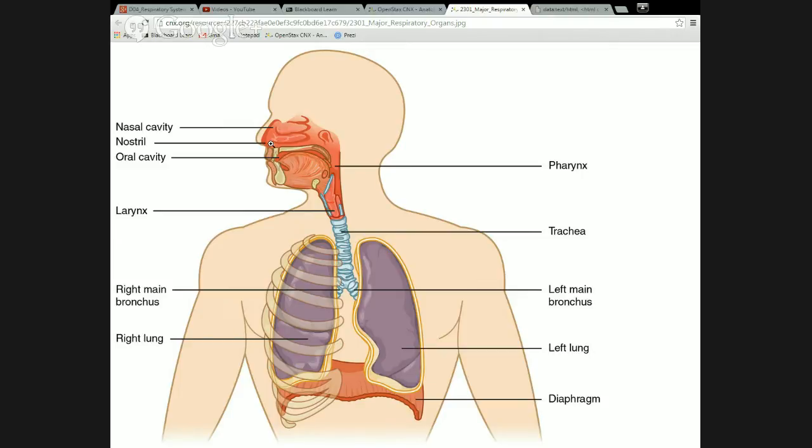Naris is singular, nares is plural. Some sources will say nares and nostrils are the same thing. It's not exactly the same thing. The nares are really the openings like we see in the skull, so the nasal cavity. The nostrils are just the fleshy openings in the external nose.